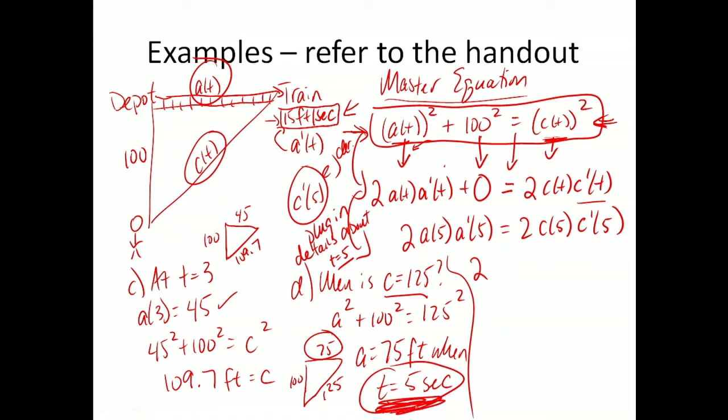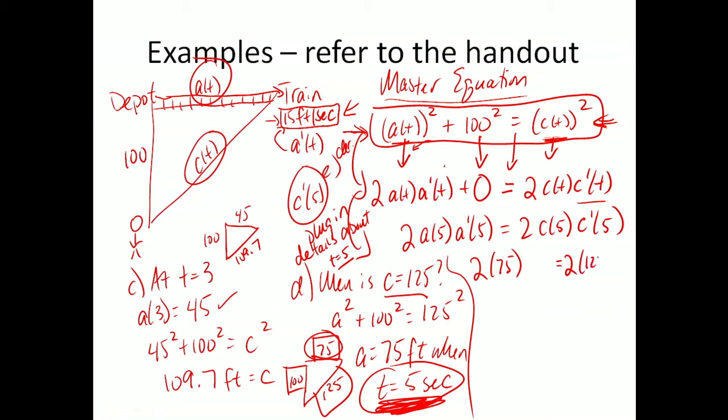Well, down here in part D, I actually drew a picture of what the situation is at time 5, didn't I? I said at time 5, this side is 75, and this side is 125, and that side's 100. So I know what a of 5 is. It's 75. And in fact, I know what c of 5 is.